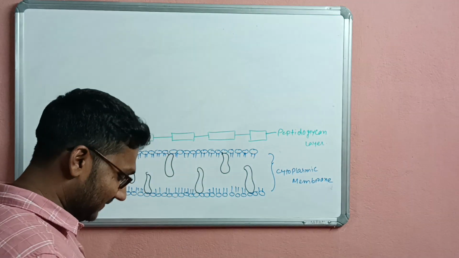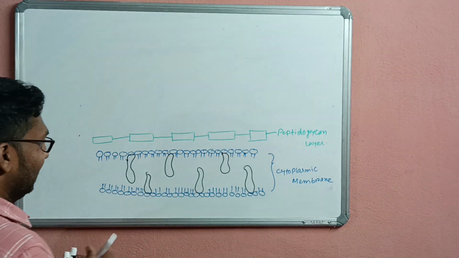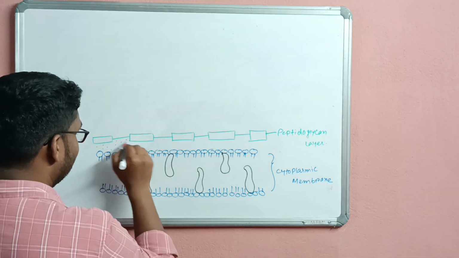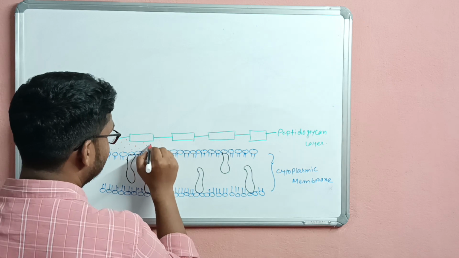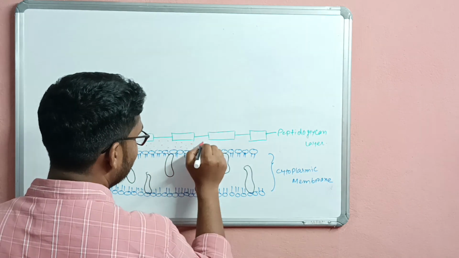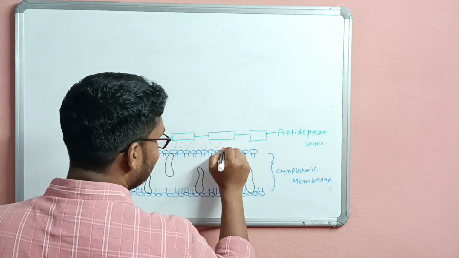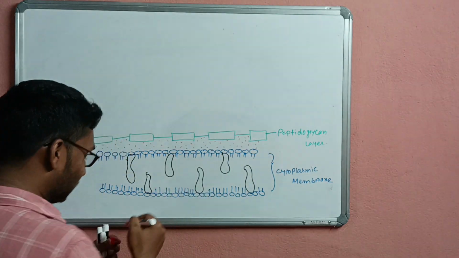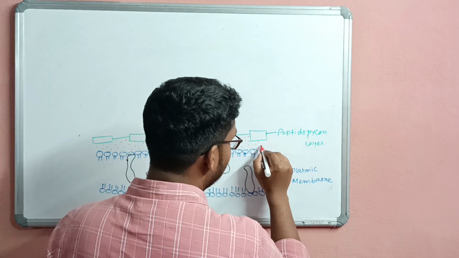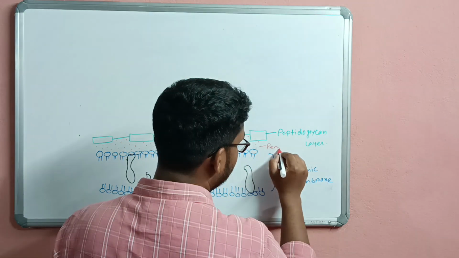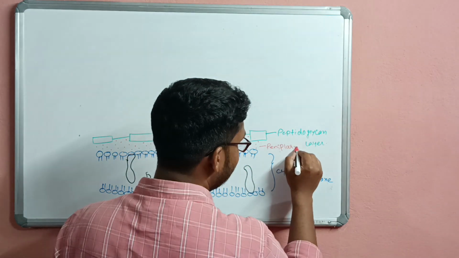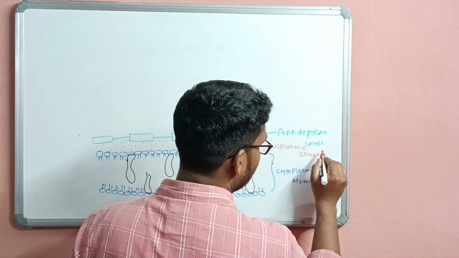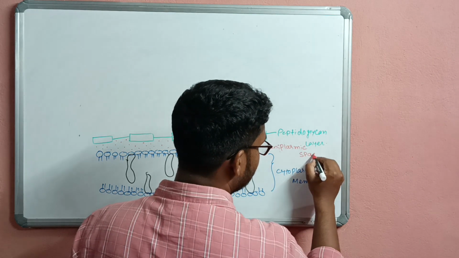It is present over the layer like this, floating over the layer. This is called the periplasmic space.